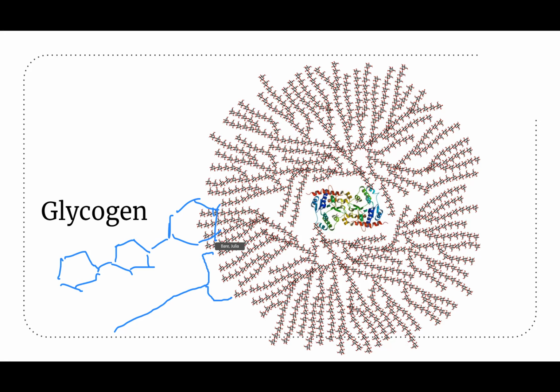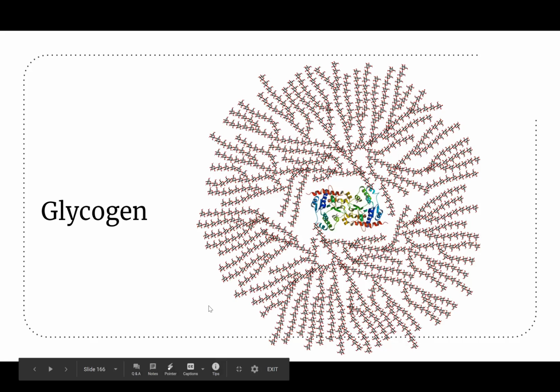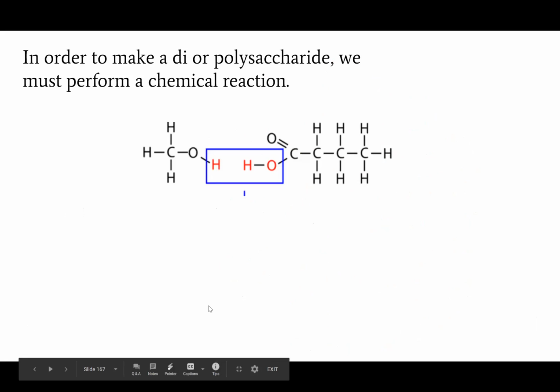And this is a molecule that is going to be used primarily for energy storage in our liver. So when you eat a bunch of glucose, a lot of that glucose is going to be stored as fat, but some of it is going to be stored as glycogen in your liver. We're going to talk about this more when we talk about digestion and how we use glucose.